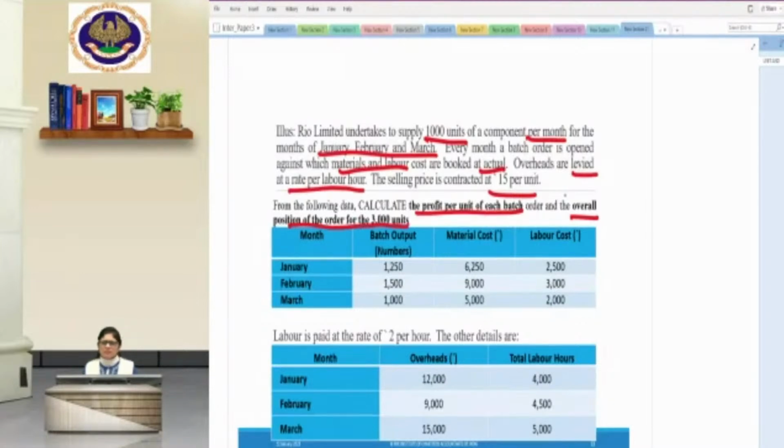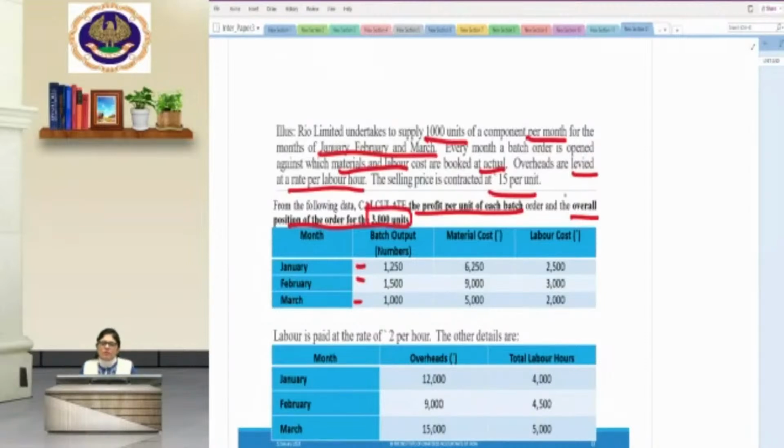They have given us the information for 3 months and there are different units in the 3 months. For January 1250, February 1500, March 1000. So they are separate outputs for separate months. Then they are asking that on the basis of this information, whatever we calculate, we will apply the rate per unit for 3,000 units also.